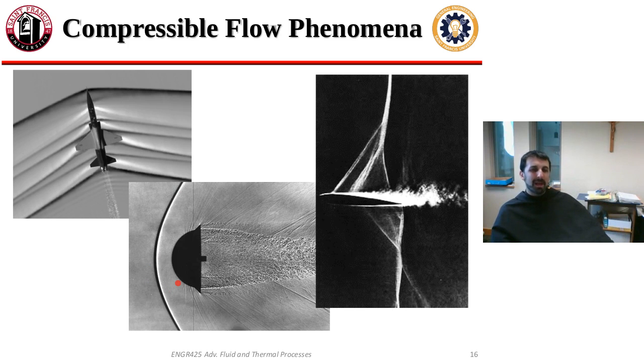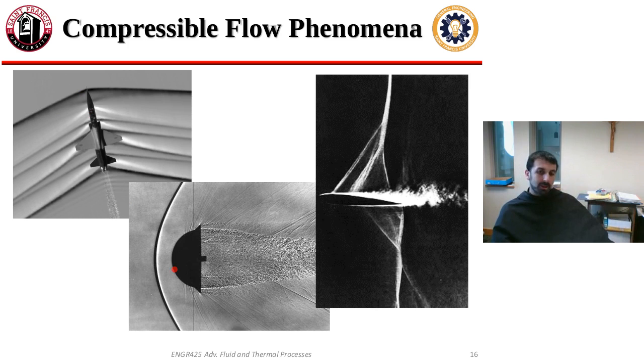It's what's called a bow shock. Think of it like the bow wave of a boat. Same thing, just with compressed air. So you're right, this is a blunt body. It's not sharp. It's not pointed. So we don't get an oblique shock, the same way we would here.